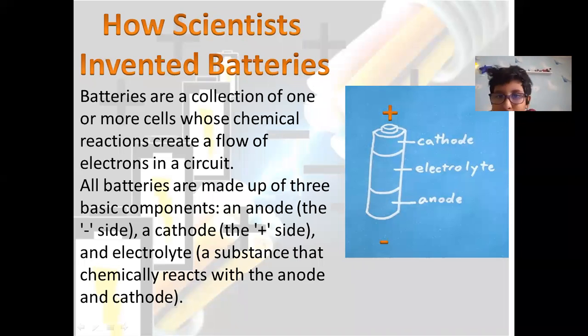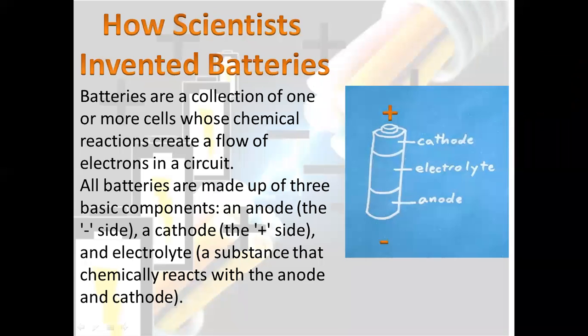All right, so let me explain. Yes, what is your question? What do the cathode and anode and electrolyte mean? Okay, when we are looking at the battery, there are three components that you can see. Number one is the positive side, and then there is a negative side. If you look at any battery that is available on the market, you're going to find that they have two sides. One is marked with the positive side, and one is marked with the negative side.